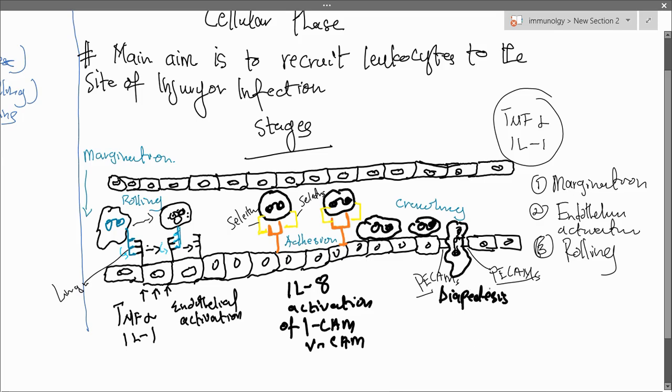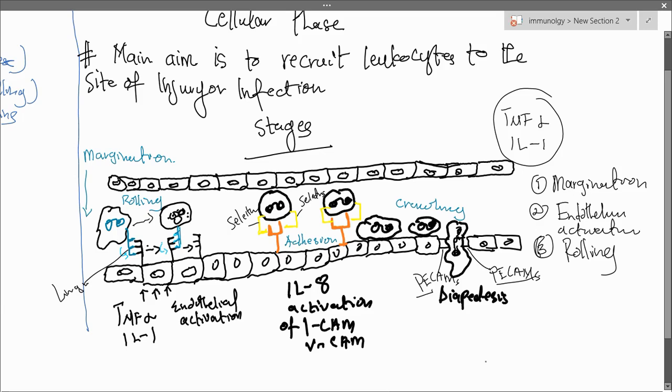And ultimately, once this process keeps on going, it is recruiting more WBCs into the interstitial space, or the site where the inflammation is occurring, because the WBCs are needed at the site where the inflammation is occurring.